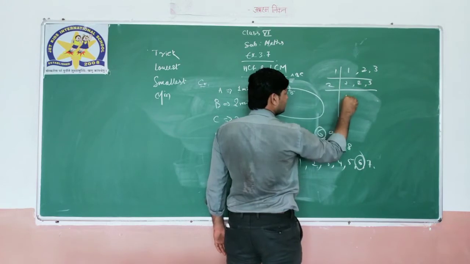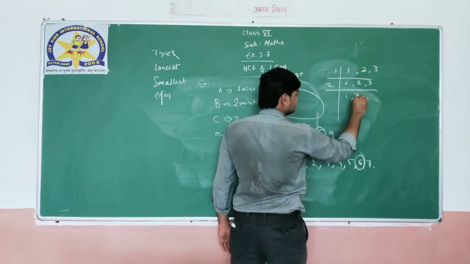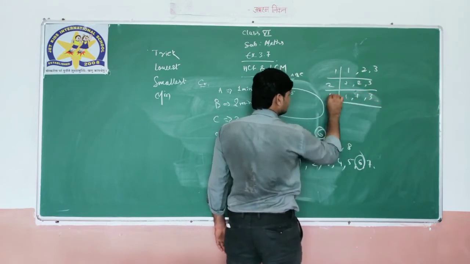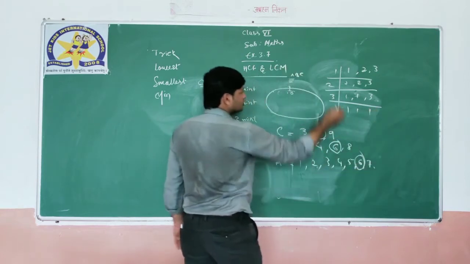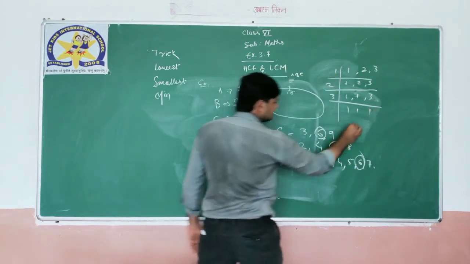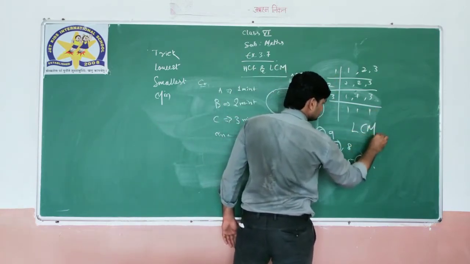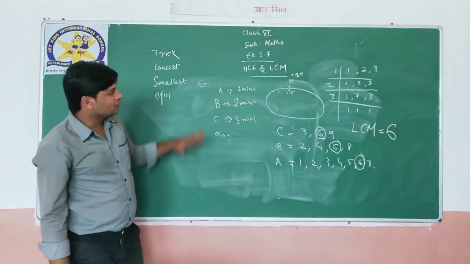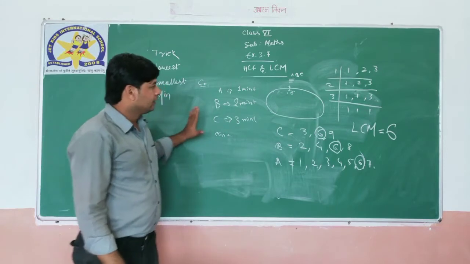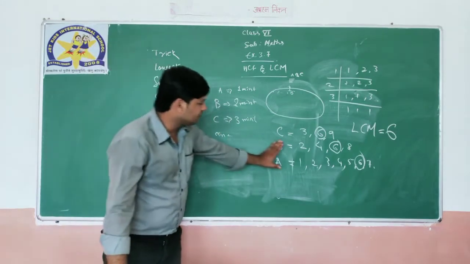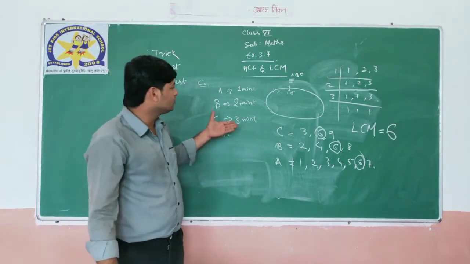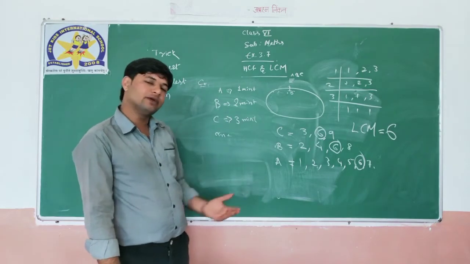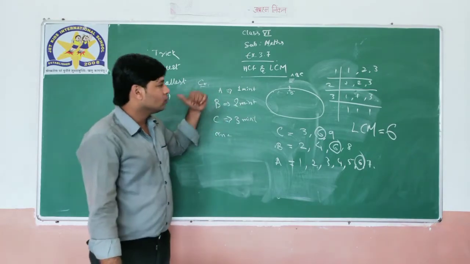Here dividing by 2, then dividing by 3. So 1, 2, 3 means LCM will be 6. Clear? This is how we will apply. If you understood, this is the basic traditional method to understand where to apply LCM and where to apply HCF in word problems.